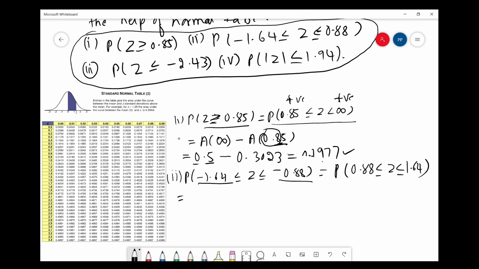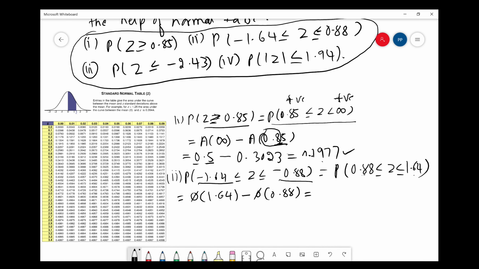Now we have a probability over a positive interval z1 to z2, which equals phi of upper limit 1.64 minus phi of lower limit 0.88.